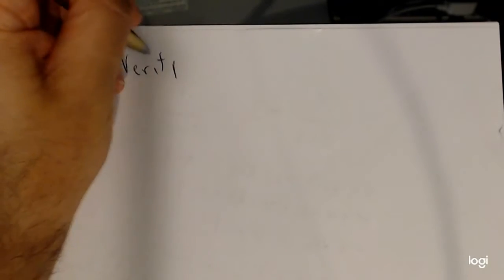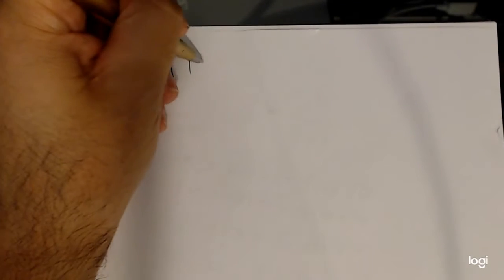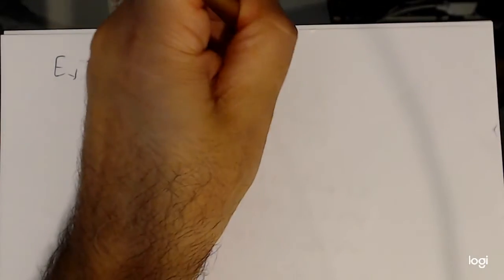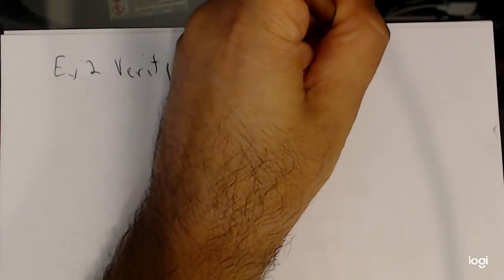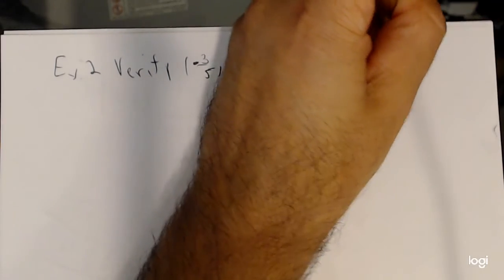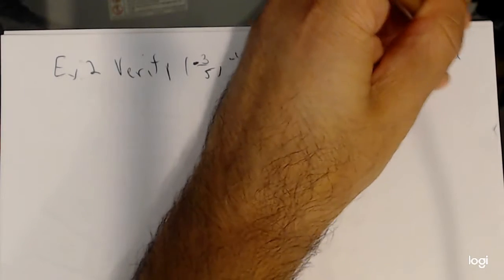So moving on to our second example. So for example 2, we're going to say verify that negative 3/5 comma negative 4/5 is on the unit circle.